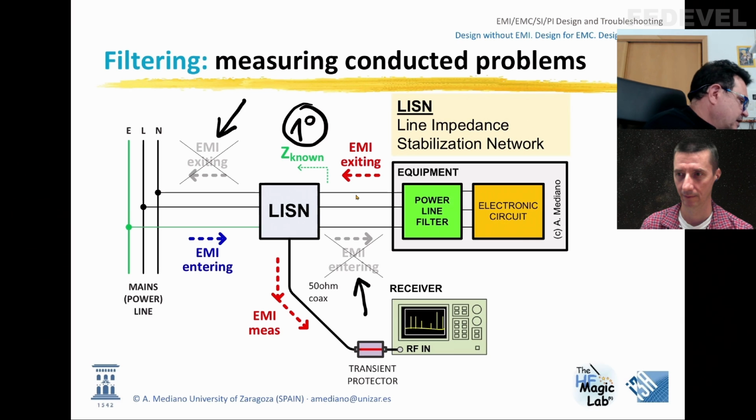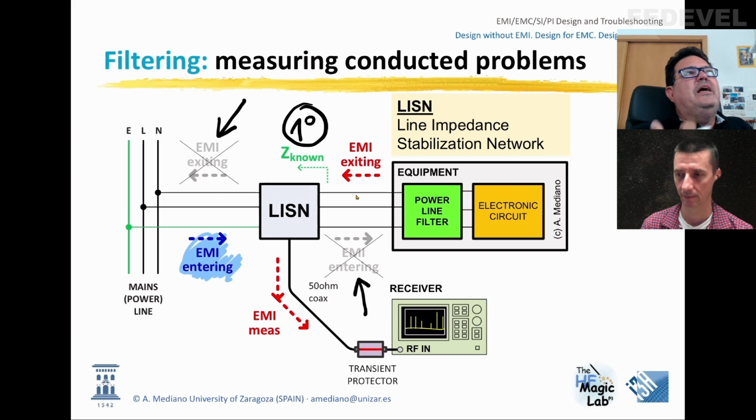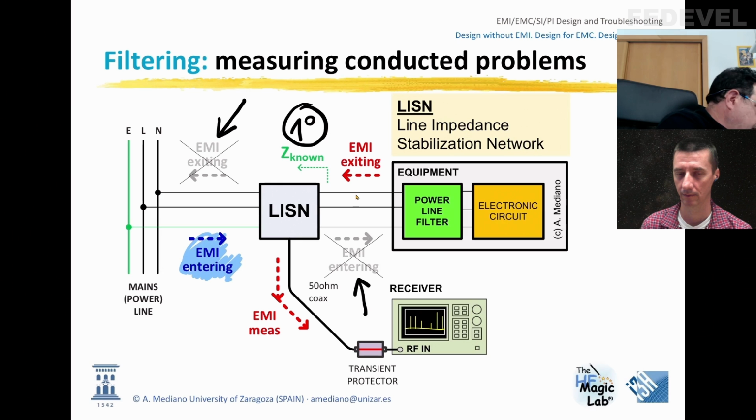And additionally, the noise that you have in this power supply system is attenuated. So the idea is to measure the noise you are creating, not the noise that is coming from outside. It's like using an external filter to minimize more the noise that is coming into my setup. So this is the second function, and the third function is this one.